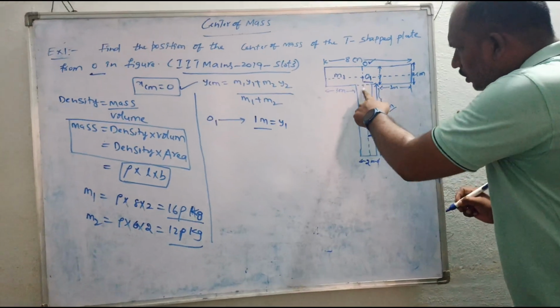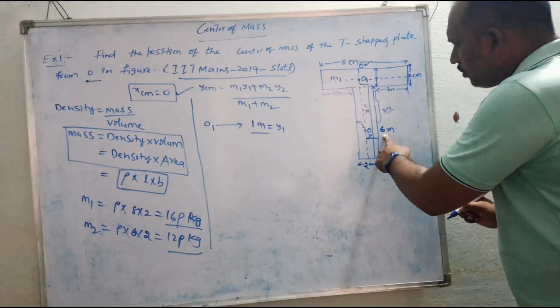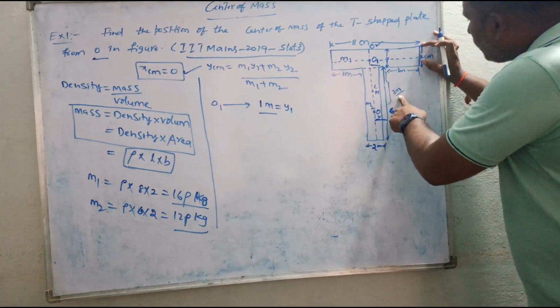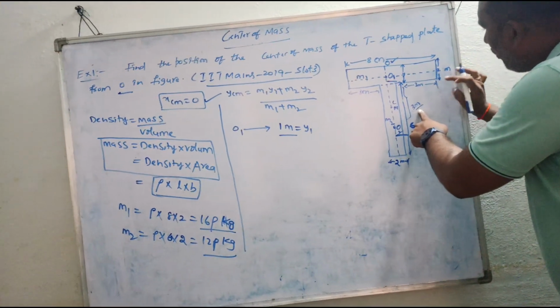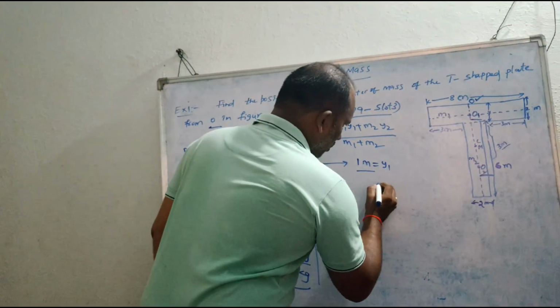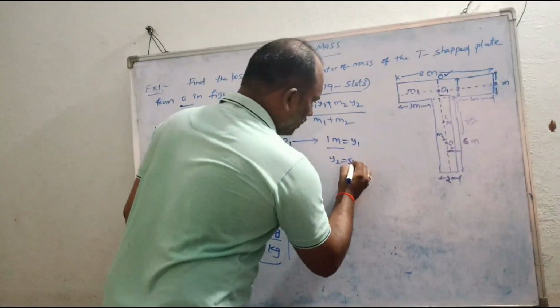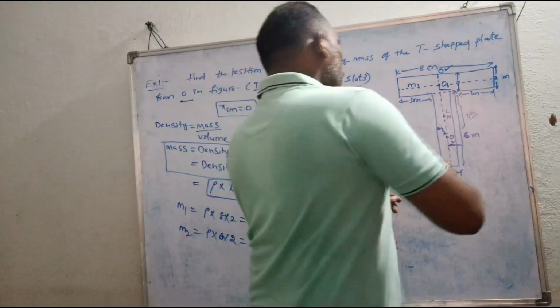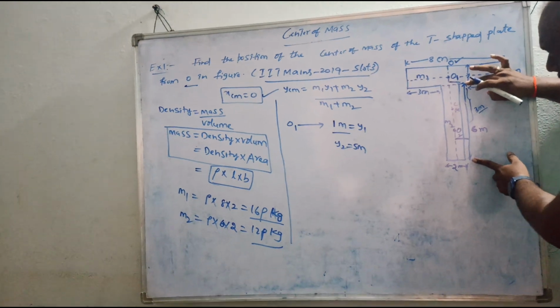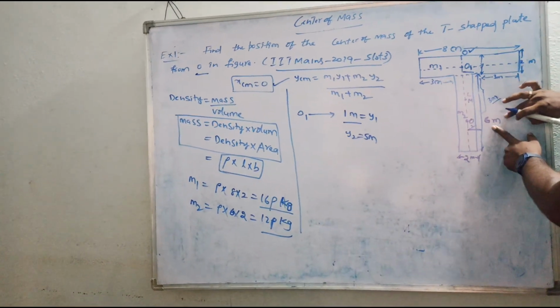So what is O2? O2 is the midpoint of this box. Out of 6 meters, the midpoint is 3 meters, and this value is 2 meters. So 3 meters plus 2 meters is 5 meters. So Y2 is equal to 5 meters. Once again I am repeating: this is the block for which we want to calculate the midpoint.